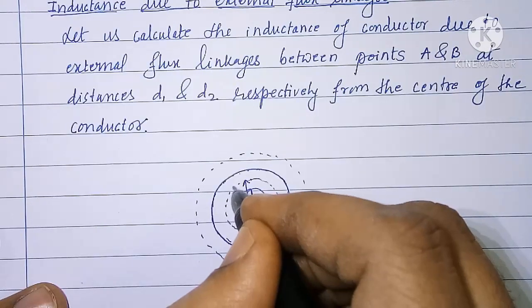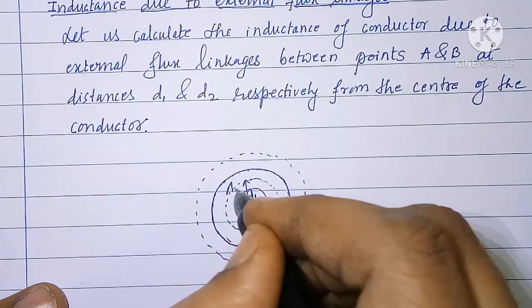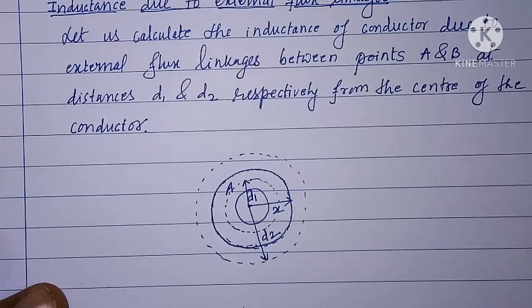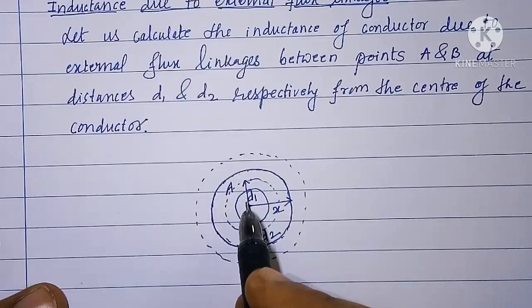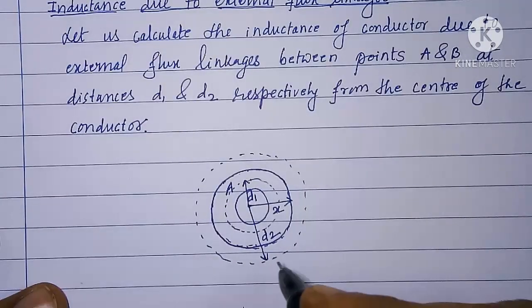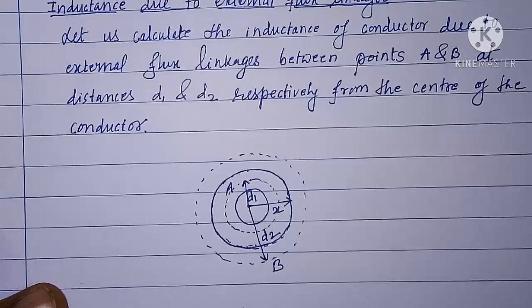Say A is on the ring of radius d1 units and B is on the ring of radius d2 units.